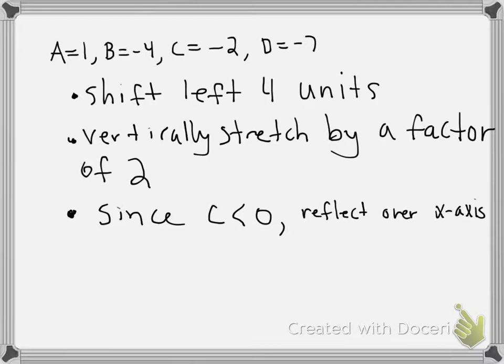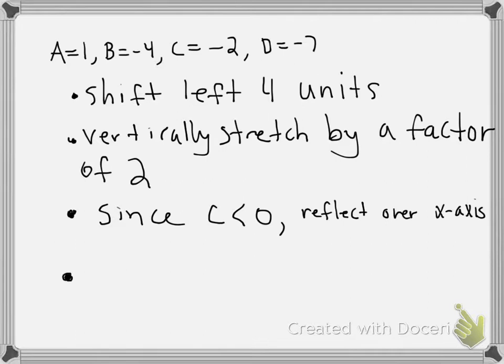Okay, so if I was following the transformation with the graph of f, the first thing we would do is shift all the points on the graph of f left 4 units. And then vertically stretching by a factor of 2 says that we should multiply all the y coordinates by 2. If C is less than 0, reflecting over the x-axis is the same as multiplying all your y coordinates by minus 1.